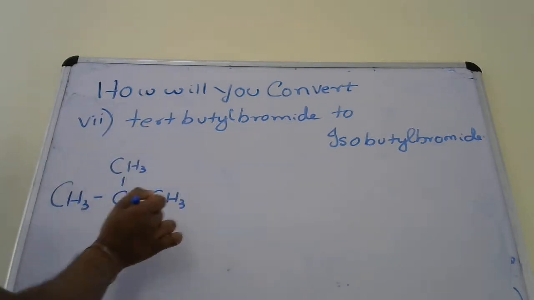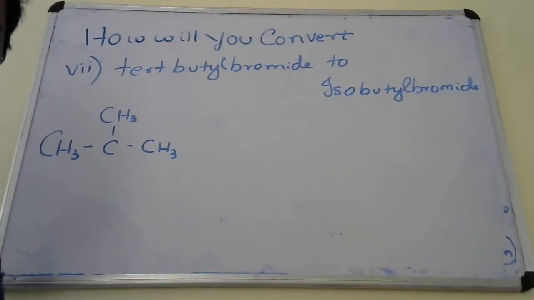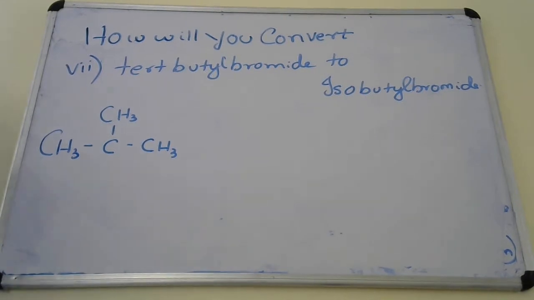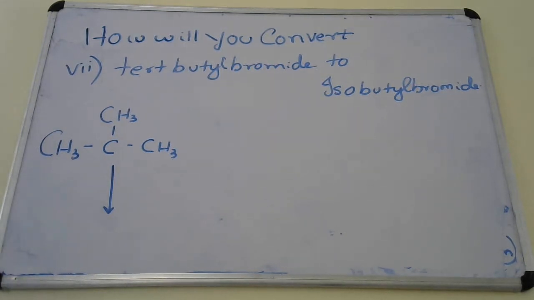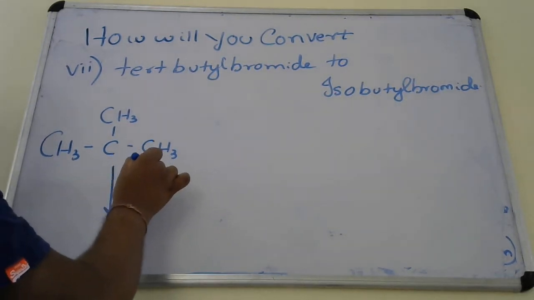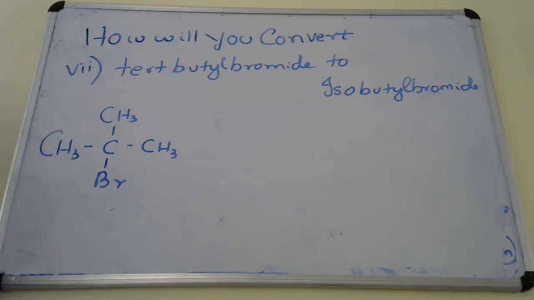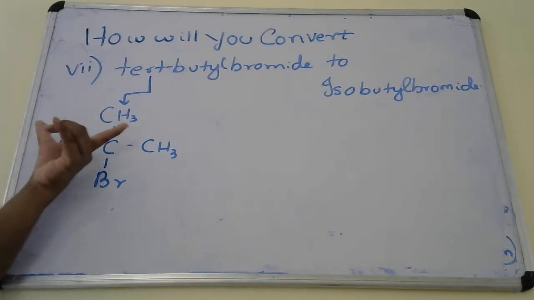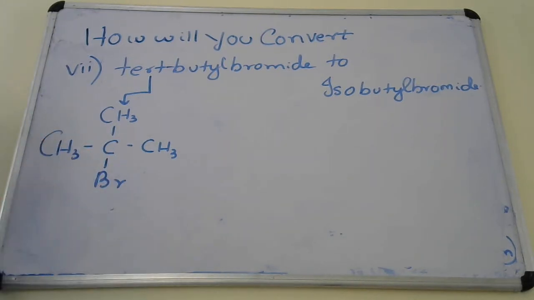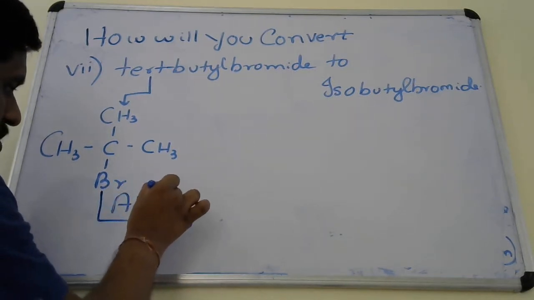This is your tert-butyl group, CH3, C, CH3, CH3. Tert-butyl group with bromine is called tert-butyl bromide. Now you treat tert-butyl bromide with alcoholic KOH.